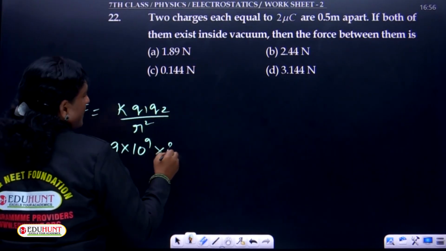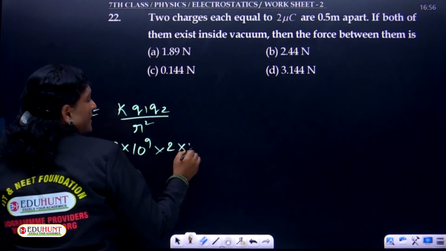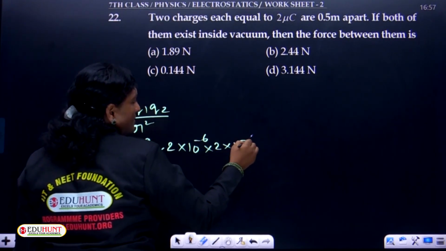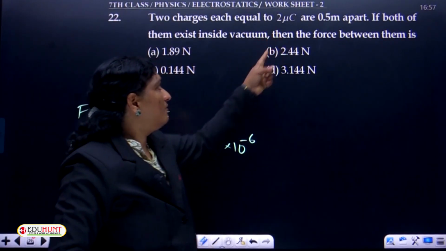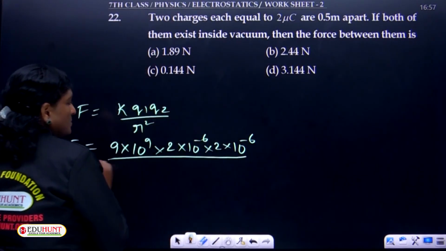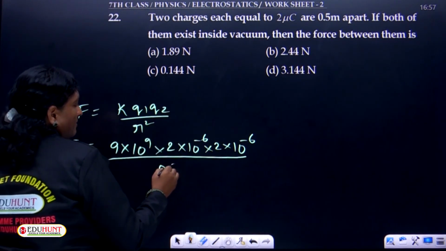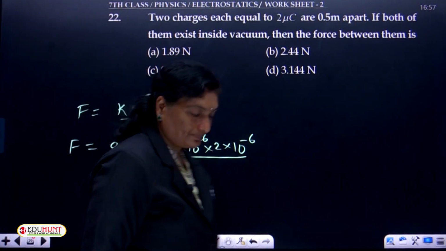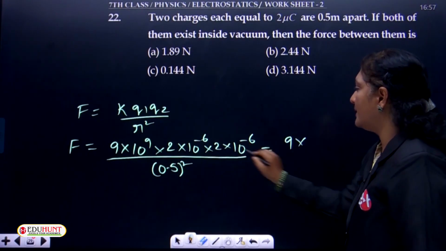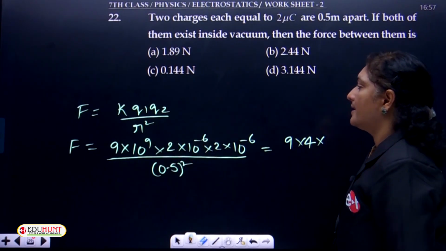Each charge equals 2 microcoulomb, which means 2 into 10 power minus 6 for one charge. Similarly, the other charge is also 2 into 10 power minus 6, since to convert microcoulomb into coulomb we multiply by 10 power minus 6. Two such charges, upon the distance of separation 0.5 whole square. Simplifying this, we get 9 into 2 multiplied by 2 is 4, and 10 power 9 and minus 6 gives 10 power 3.